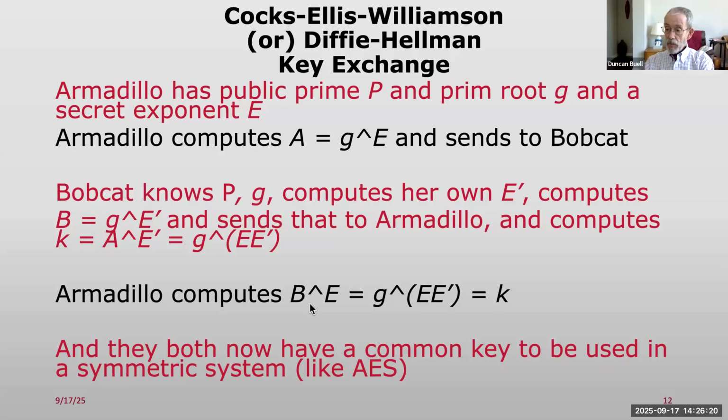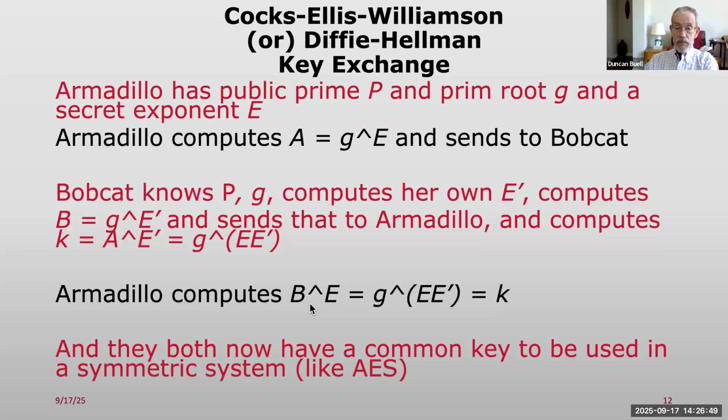Bobcat knows the public prime P and the primitive root G, and computes her own E prime, and then G to the E prime is B, and sends that to Armadillo, and computes A to the E prime, which is now G to the EE prime.